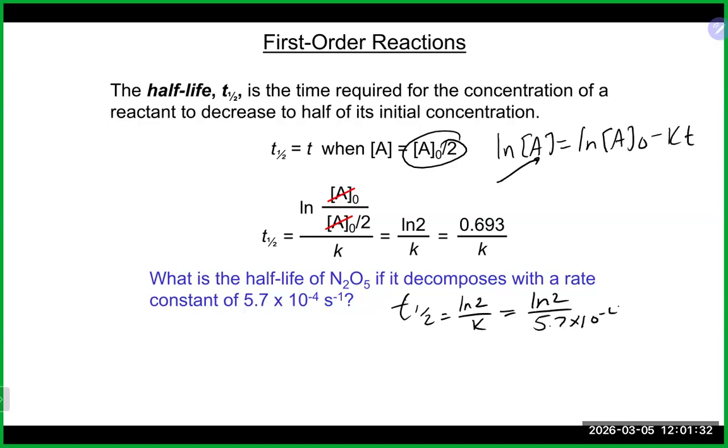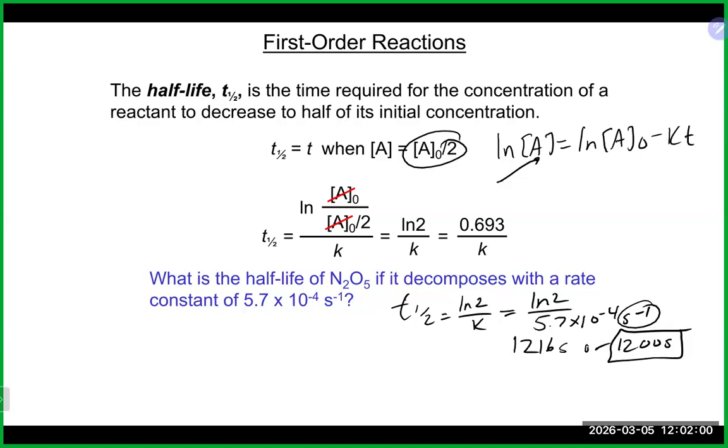Once again, we do want to make sure that we do use our exponent button for sure. So natural log of 2 divided by 5.7 to the minus 4 is going to get us about 1,216 seconds, or about 1,200 seconds in this case. That obviously becomes seconds when you do division of it at that point.